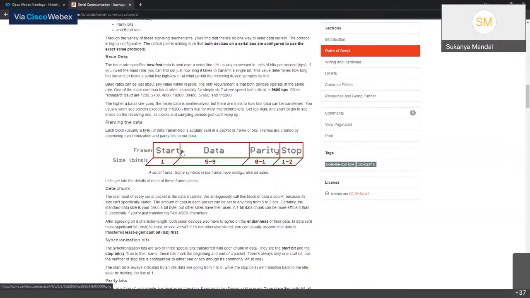Other baud rates can also be used; for a lot of SPI communications, people generally prefer 115200 baud. There are other baud rates as well, but mostly we use 9600 for general transmitter-receiver communications, and for others we mostly go for 115200.